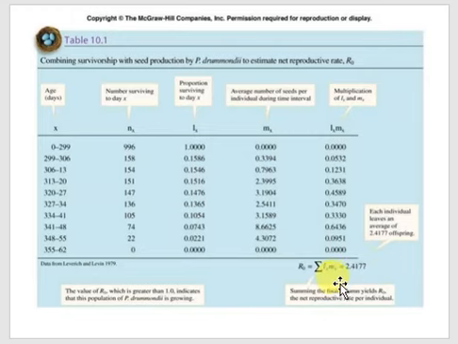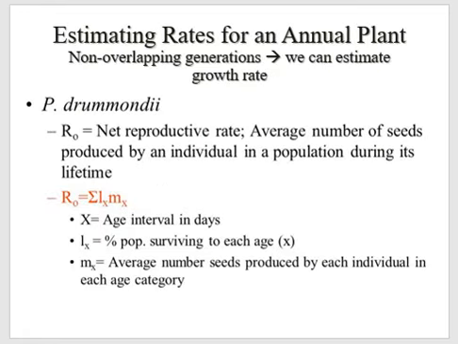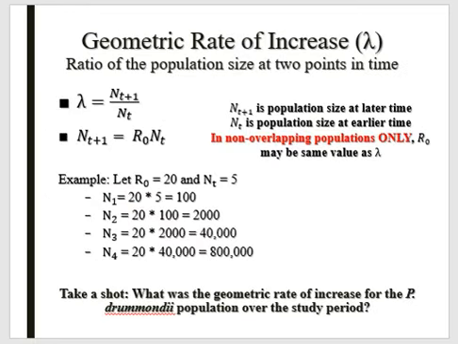So here, our value is greater than 1. And because of that, it indicates that this population is growing. So it will continue to grow in the future.